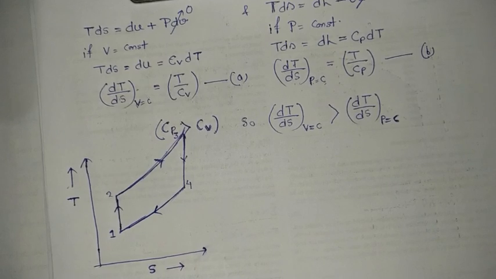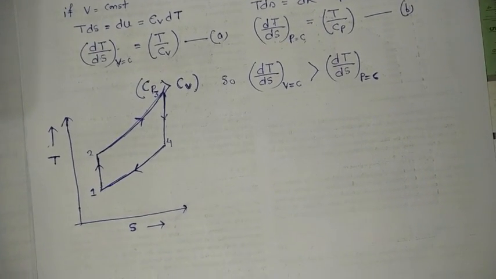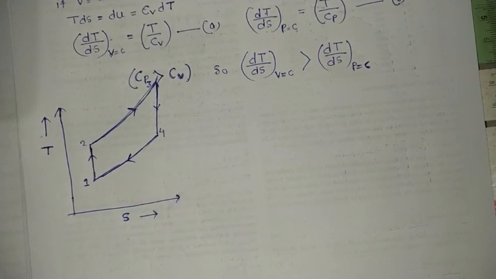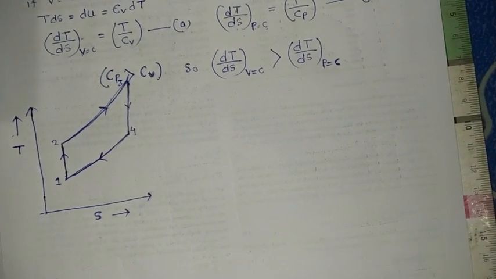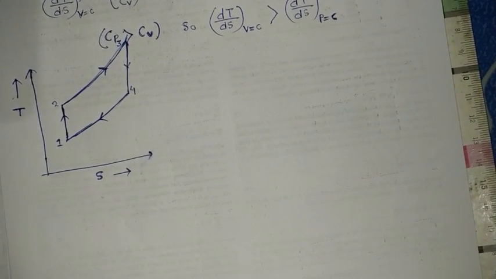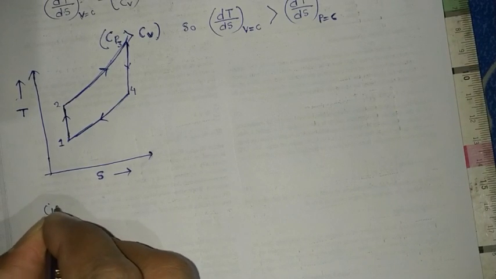Now before going into the analysis of the Otto cycle, we will discuss some terms. First one is stroke volume.